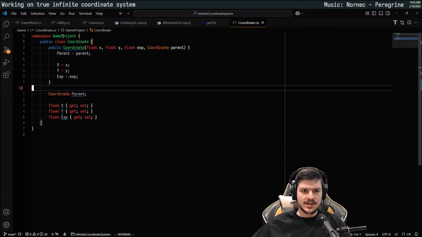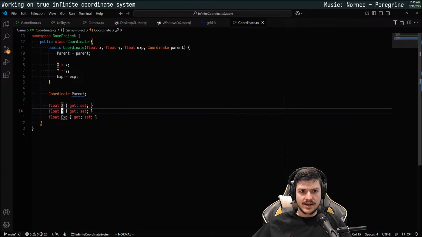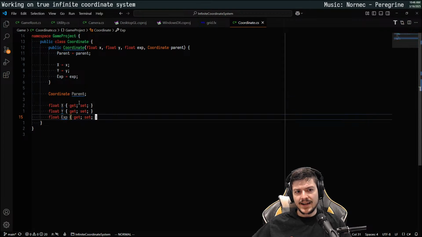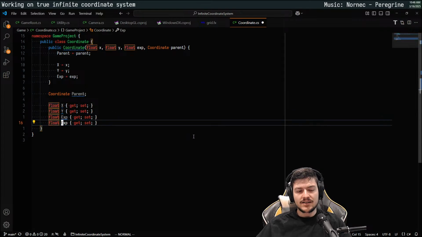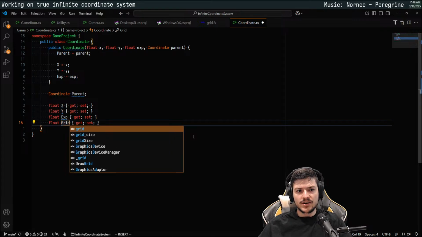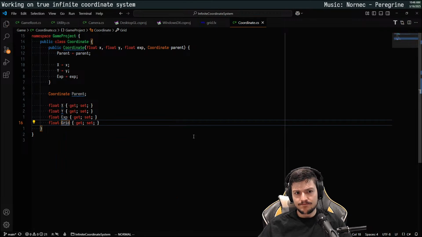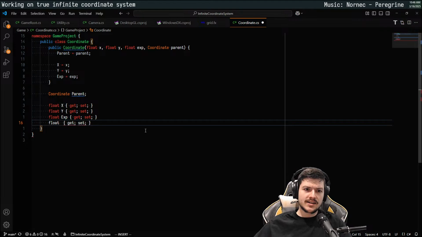Coordinate. Right now I coded it like this, where you have x, y, exponent. That's fine. And then I think I add something else. But then you require something else. And then I don't need the... I want to get rid of this parent thing.